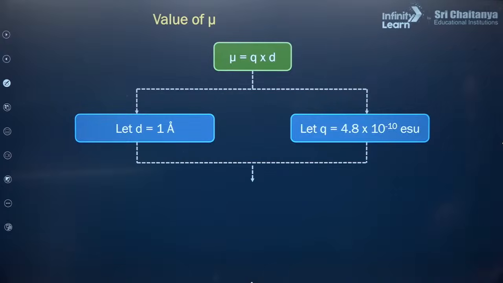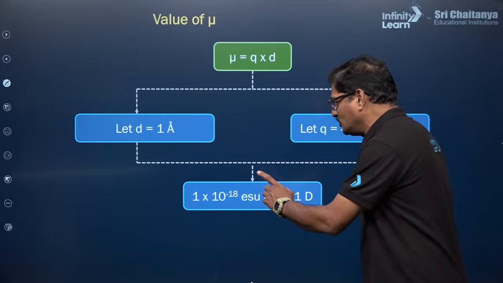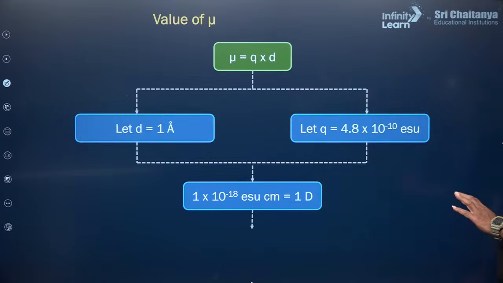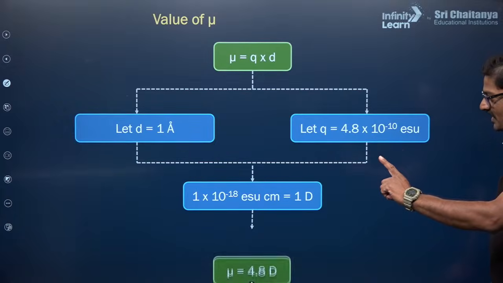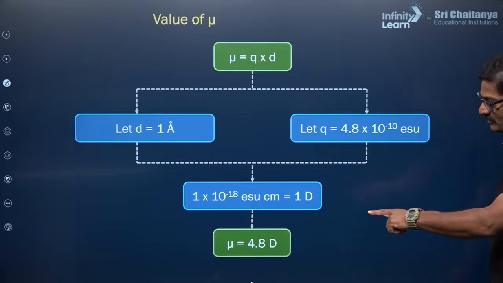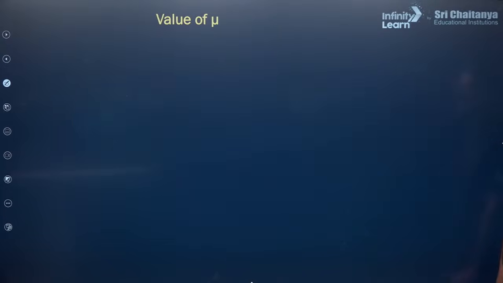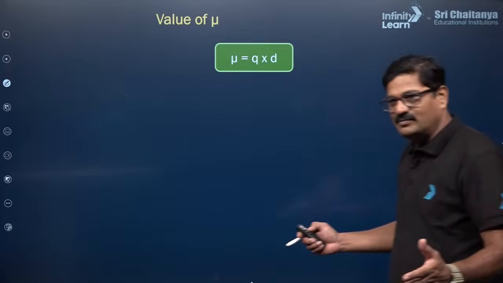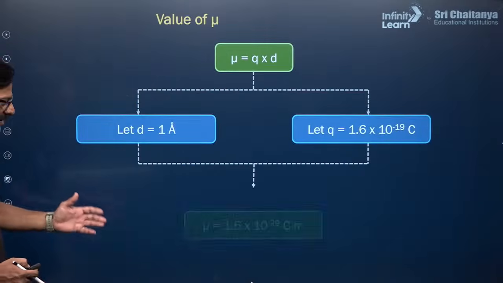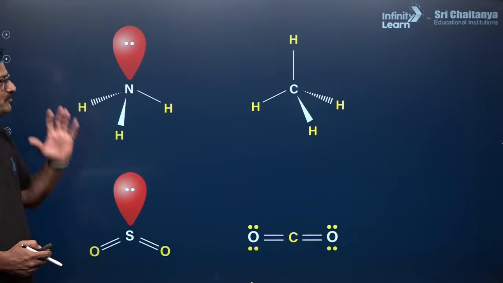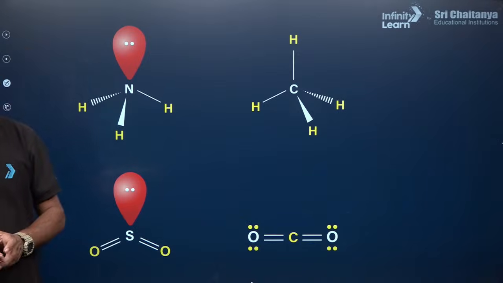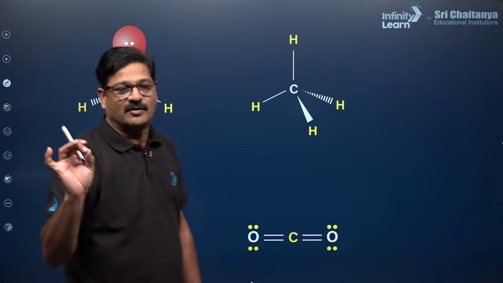You are going to see the dipole moment as 4.8 into 10 power negative 18 ESU centimeter, and you can also say 4.8 Debye. So, the values can be calculated in various versions. I just want to say the direction of the dipole moment, a simple trick for your NEET examination.